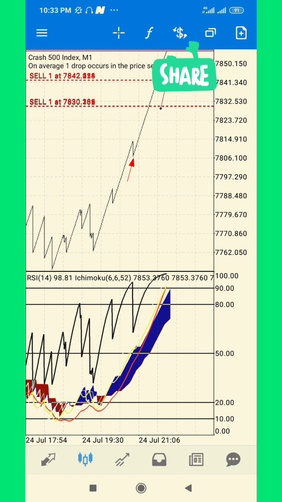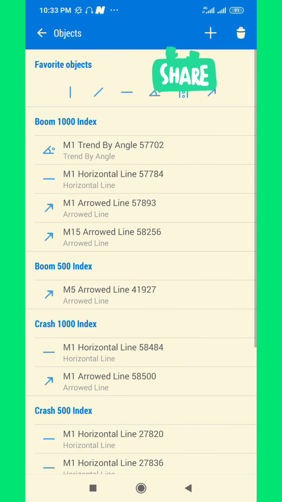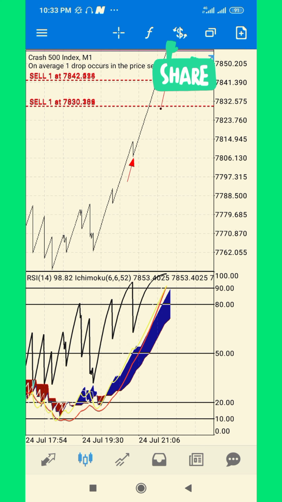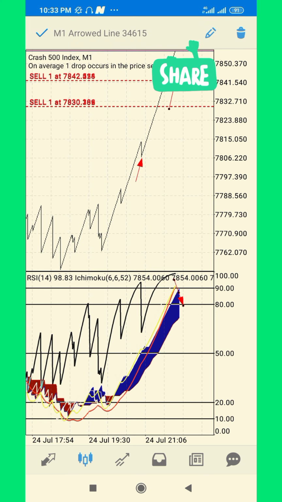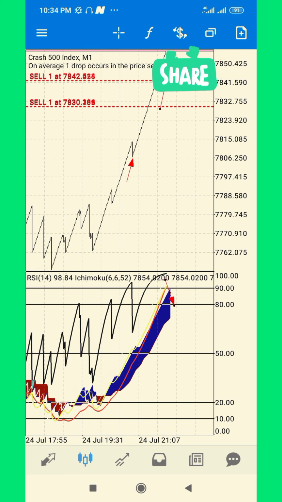You place your market when these four indicators are between 80 and 90.